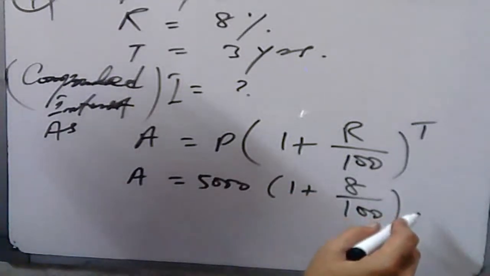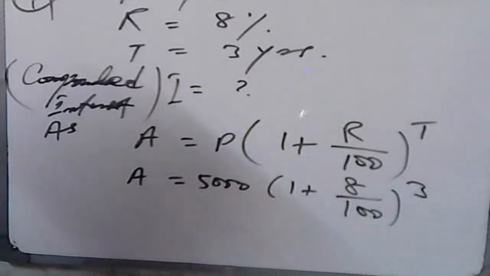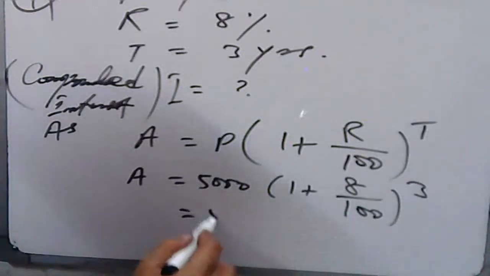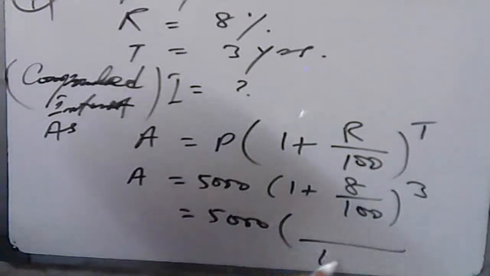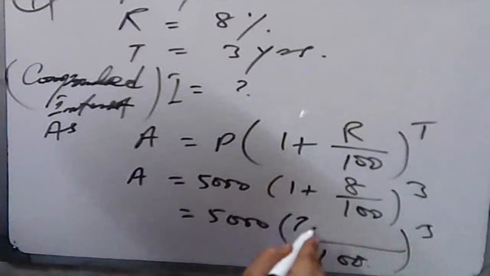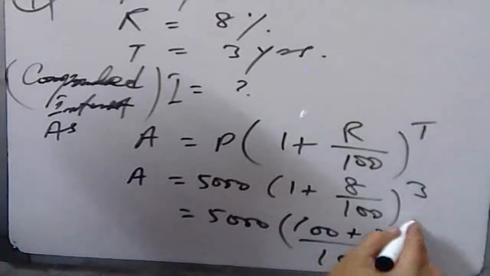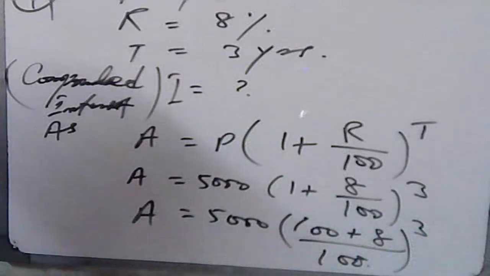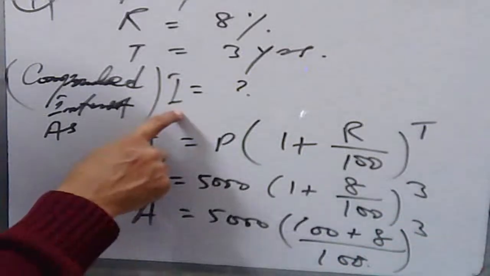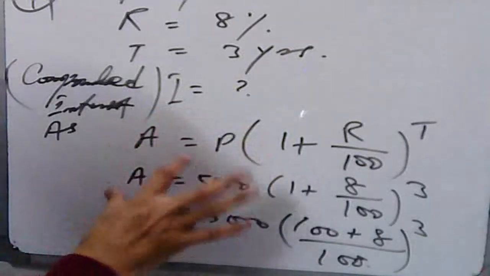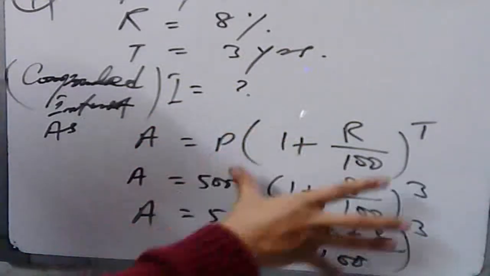After simplification, taking LCM, that is 5,000, taking LCM, so that is 100 plus 8 having power 3. We are going to calculate compound interest I, but for I we need total amount. For this we have used this formula and we have to calculate the amount, then we can apply another simple formula.